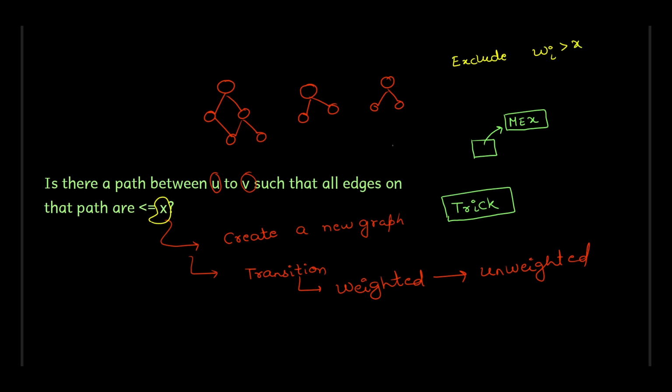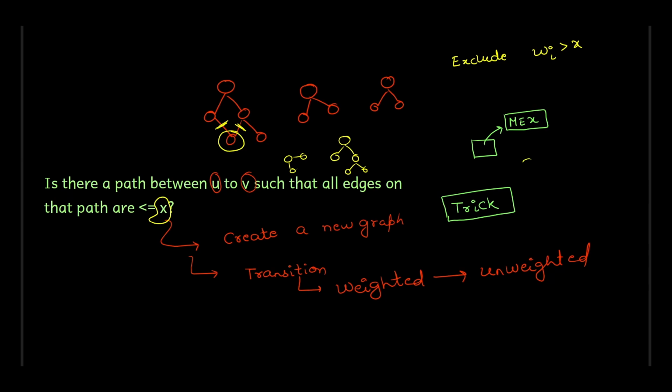Once you have created the new graph, it might look something like this. Some of the edges are missing, so it will split into further connected components. Like this connected component, this cycle itself could break. This could break and this could break. Why? Because this is greater than x and this is also greater than x. So this could become a lone isolated vertex.